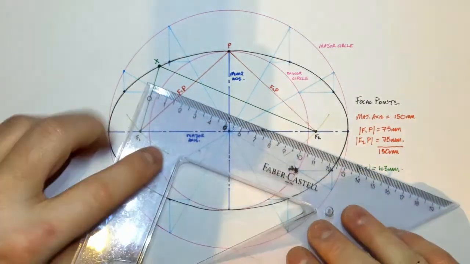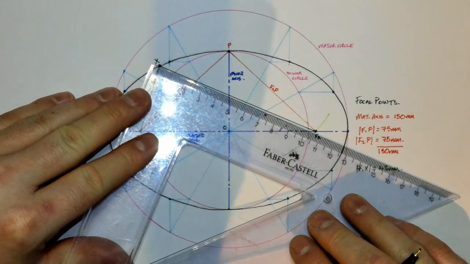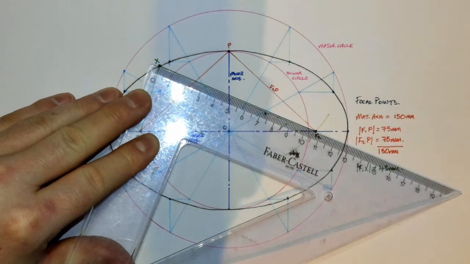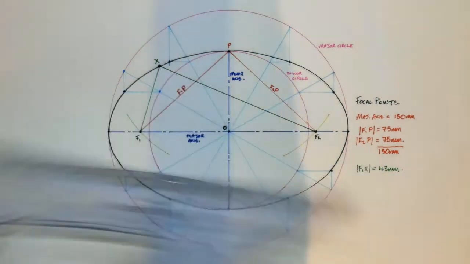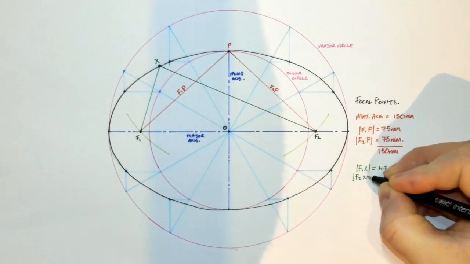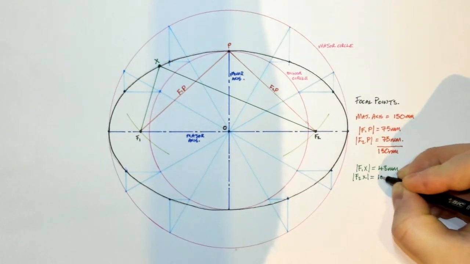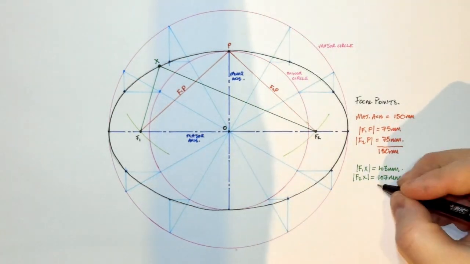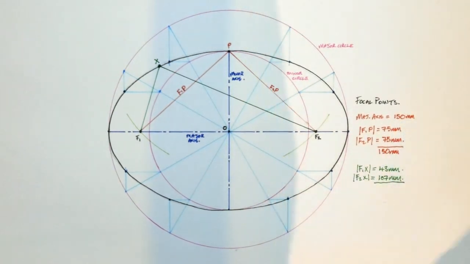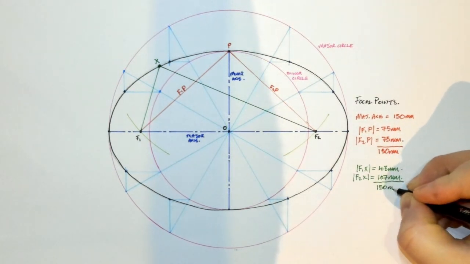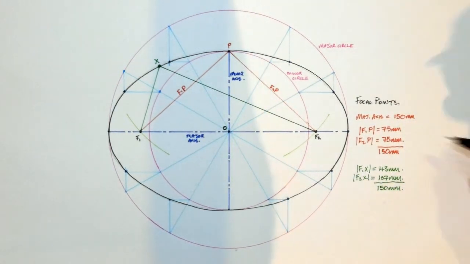Now I'm going to measure F2 to X. Well, that works out at 107 millimeters. So F2X equals 107 millimeters. If we added both of those together, what would we get? 150 millimeters. And of course that is equal to the major axis again.